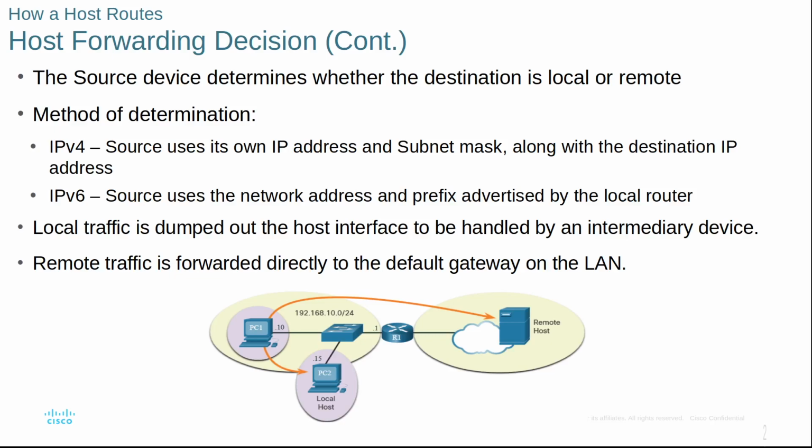IPv6 does things a little bit differently. It uses the network address and the prefix, which does basically what the subnet mask does, and it can figure that out. Now local traffic just gets sent out the host interface and it's handled by an intermediary device. Remote traffic gets forwarded directly to your default gateway, where it goes outside to the internet.